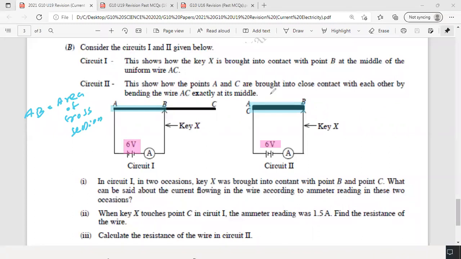Why? Here the resistance is low. Thick wires have low resistance. Thin wires have high resistance. And if you move the key in circuit one towards C, what will happen? The length increases, and then also the resistance increases.